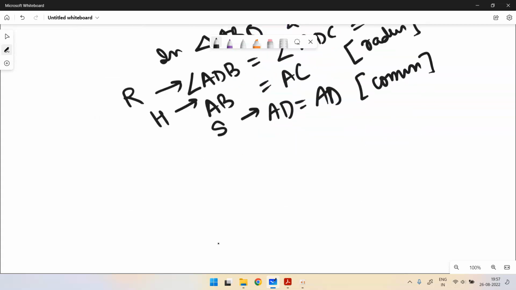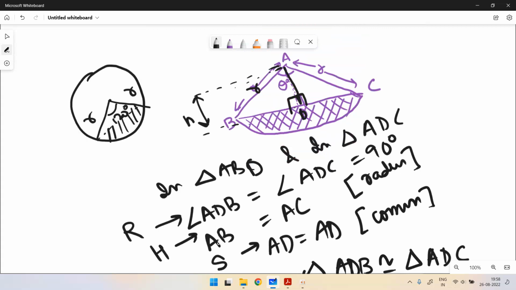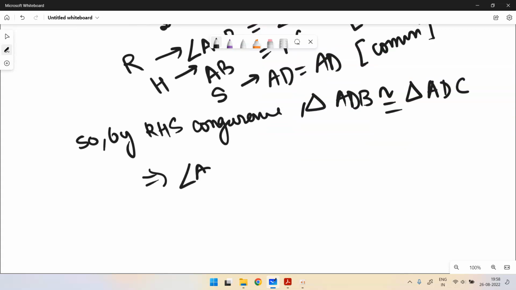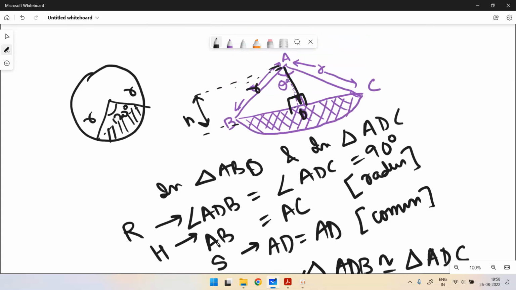So by RHS congruency, triangle ADB is congruent to triangle ADC, which implies that angle ABD equals angle ACD, and BD equals CD, which means that D is the midpoint of this.